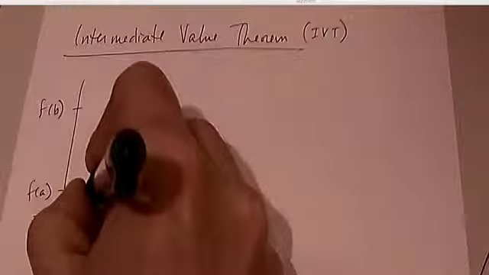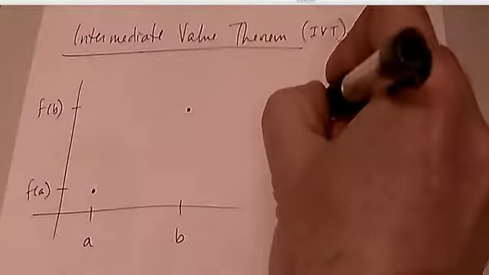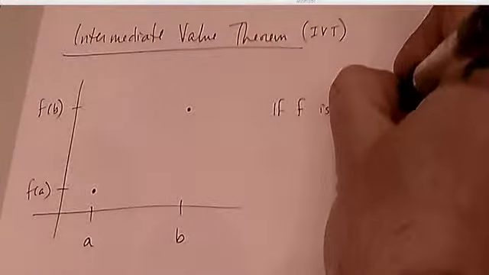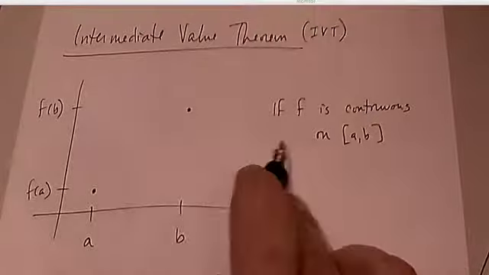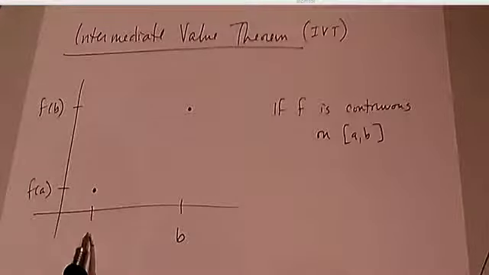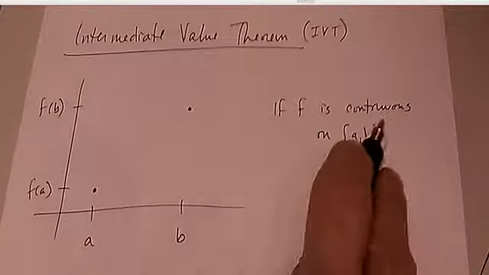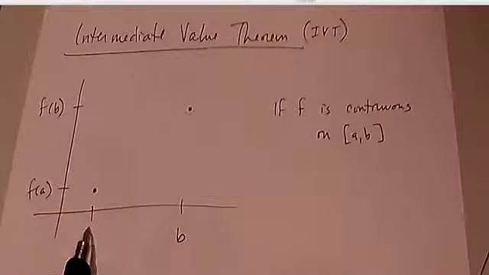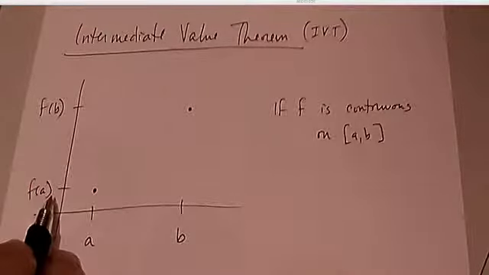But basically, if I'm dealing with a polynomial function, or more generally just any continuous function, if f is continuous on A to B, and that implies that it passes through every single point here, and remember, continuous means I can draw it without picking up my pencil, then basically if f is continuous on AB, then in order to go from A to B, I have to pass through every point in between f of A and f of B. Okay?